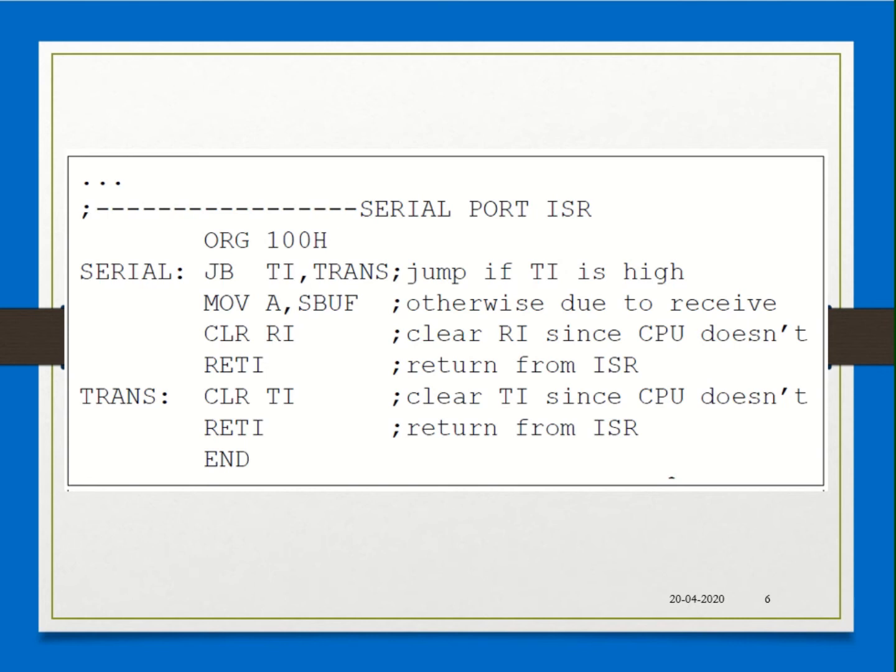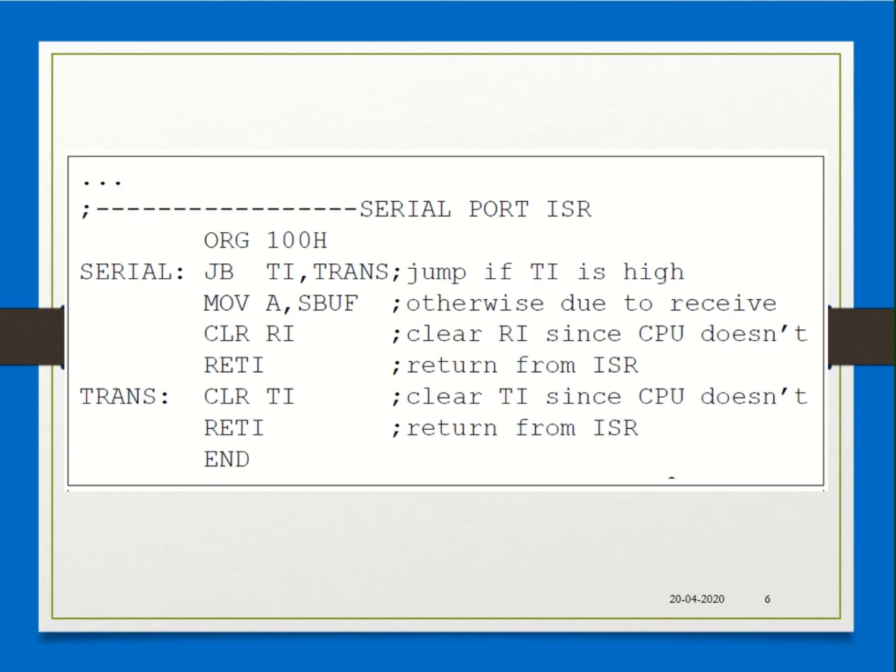What caused the interrupt to take place, isn't it? So the interrupt would be generated either by TI or RI. Jump on bit TI to trans. If it is not TI, it is nothing but RI that is set. So that is an indication.